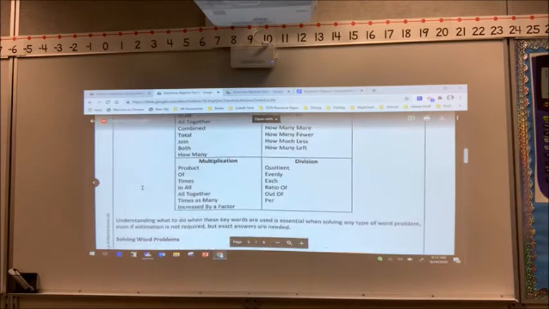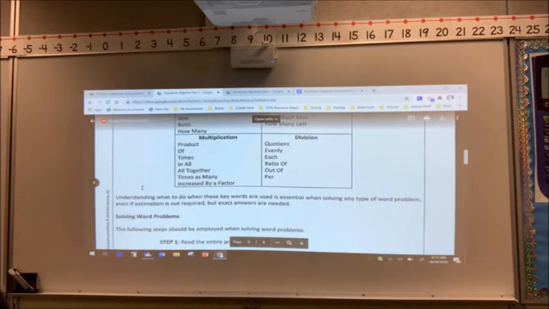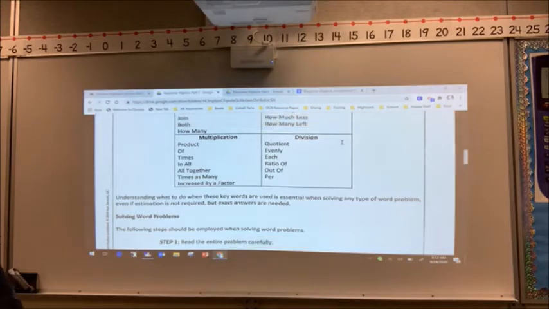For multiplication, look for keywords product, of, times, in all together, times as many, increase by a factor. Remember, the word factor means multiplier. For division, look for words quotient, evenly, each, ratio of, out of, and per.